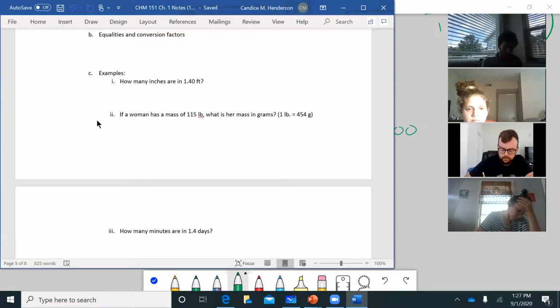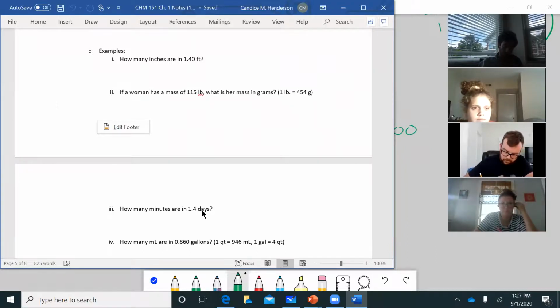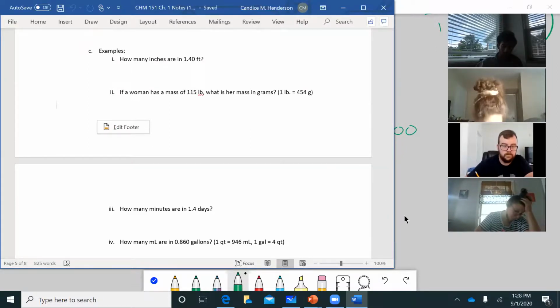And look at it, it even gives you the conversion factor. And then after you've done that one, why not set up number 3 as well? How many minutes are in 1.4 days? And that's also in dimensional analysis. So I want you to do both of those in dimensional analysis.